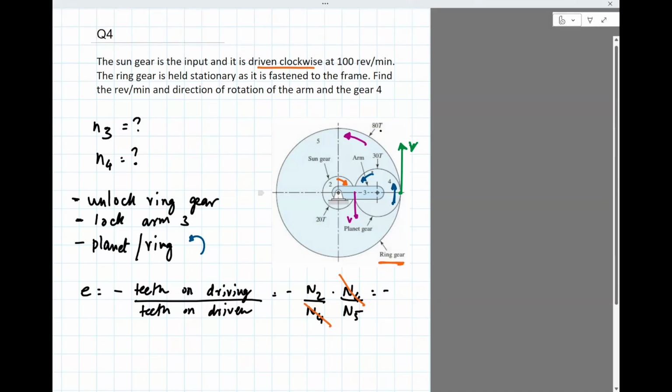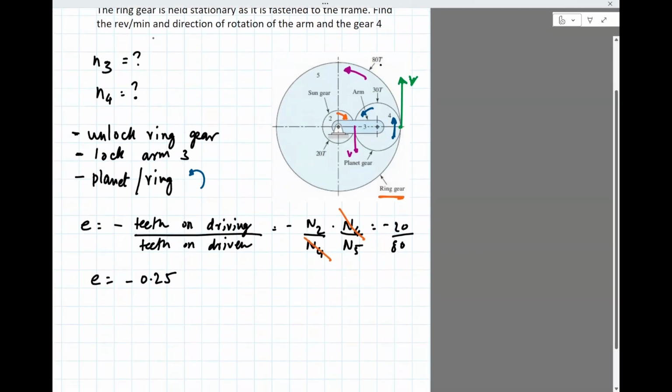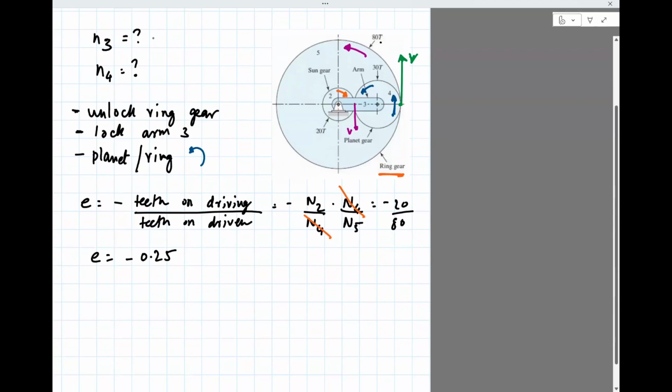So N2 is 20 and N5 is 80, giving minus 0.25. Now use the formula NL minus NA divided by NF minus NA equals E. The last gear, the ring gear, is fixed, so it has 0 speed.